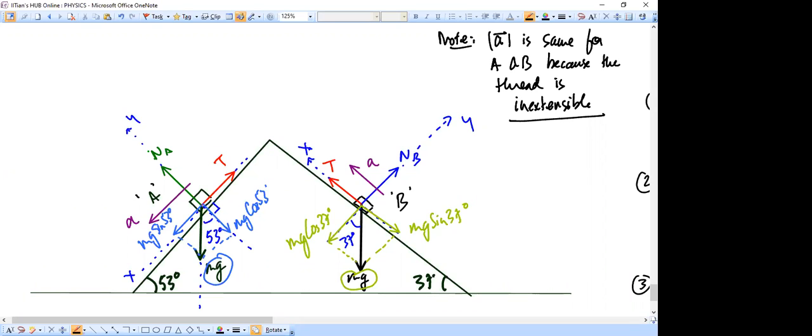Similarly here I've circled out mg because I've already taken its components. You need a lot of patience to carefully do questions like this with all the angles properly written, and not make a mistake with the components. And that is what this whole chapter is about actually.